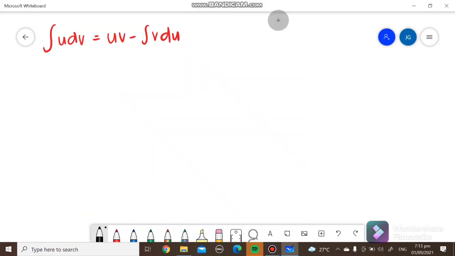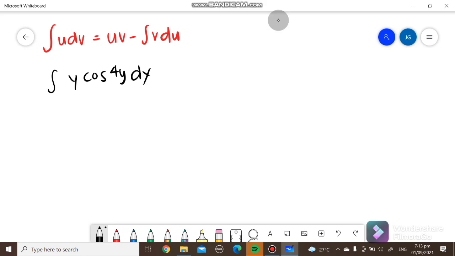So let's have the second example, which is the integral of y cosine 4y dy. As I said before, there are 4 things that you need to know.